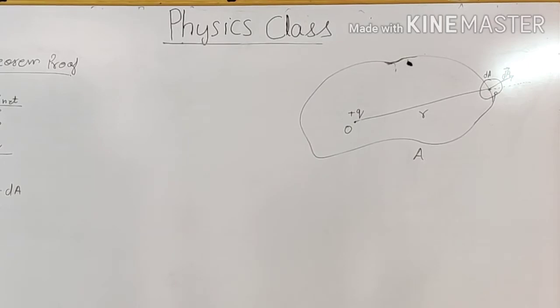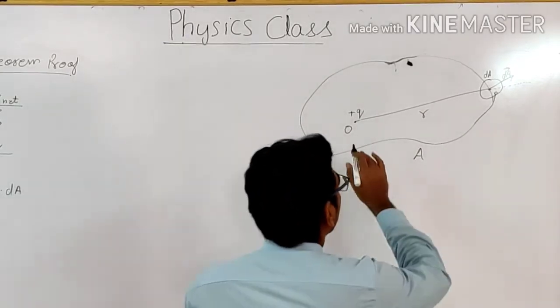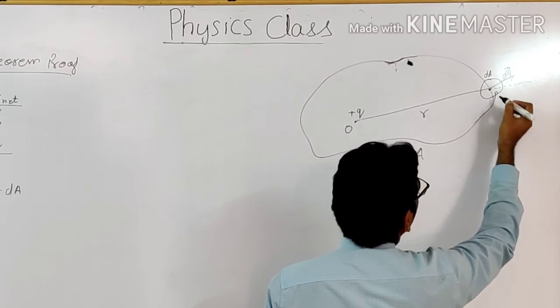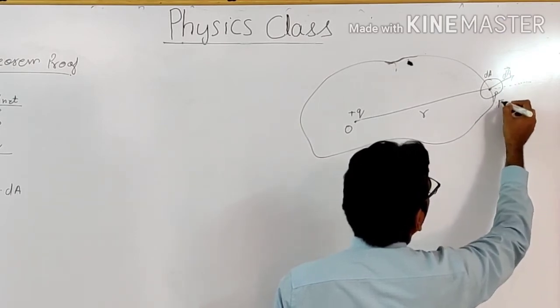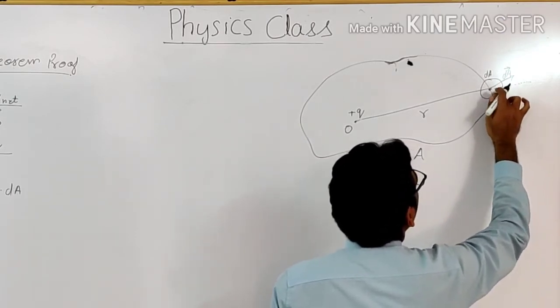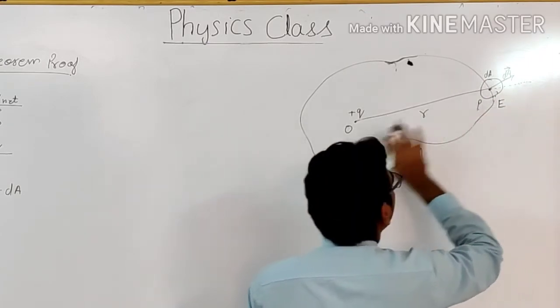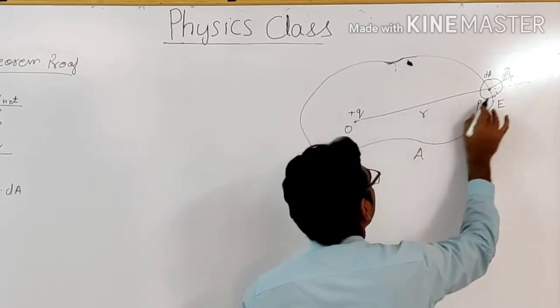Now let E be the electric field intensity at the point P due to the charge Q. So due to this charge Q, the electric field intensity at this point, let it be E. The direction of the electric field will be along the line joining these two.